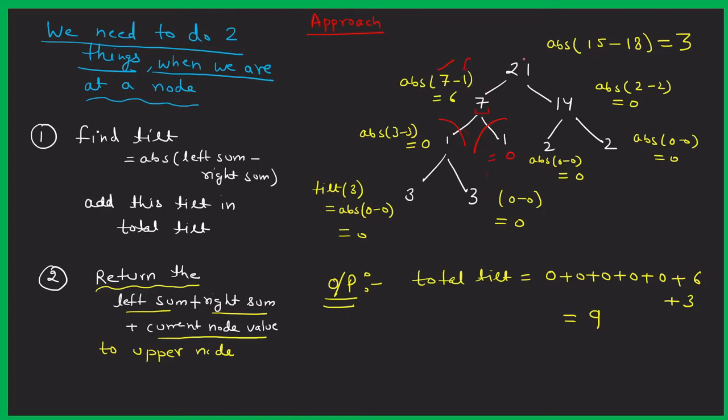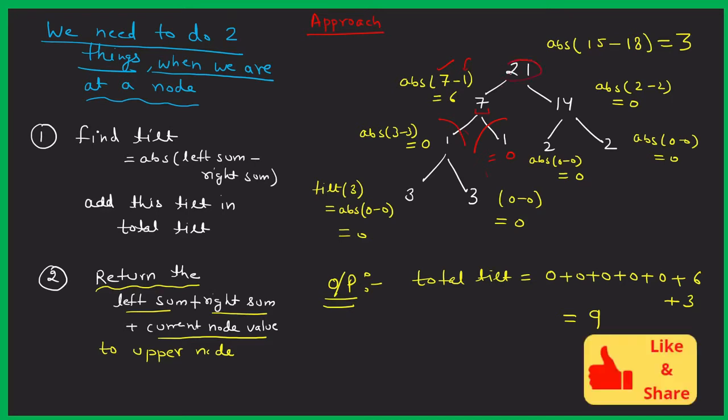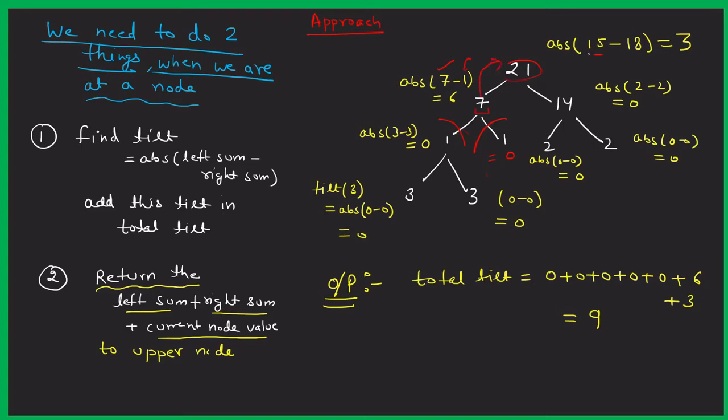Now if we are at 21, we need the total sum of the left subtree values and the right subtree values. So at 21, 7 has to return this 15. That is, 7 has to return 3 plus 3 plus 1 plus 1 and plus 7, the total values.